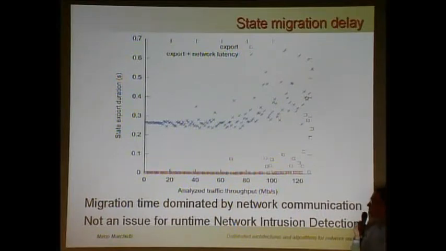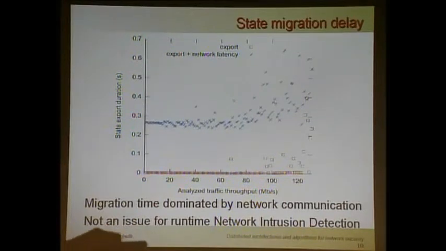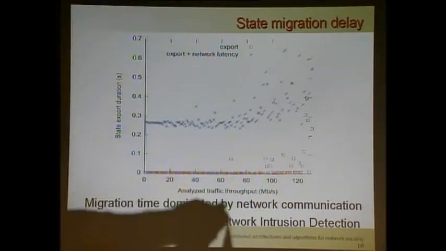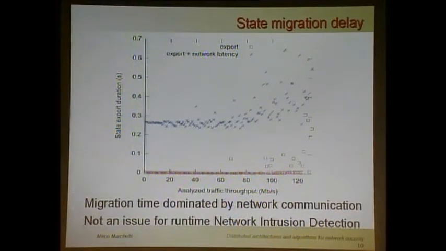It's basically 2 milliseconds in most of the cases. On the other hand, the blue crosses represent the time needed to perform a complete state migration. That doesn't involve only state extraction, but also the transmission of the extracted state information to another network intrusion detection system. As you can see, the time is dominated by network latencies. However, this is not an issue for a network intrusion detection system, because delays of less than 1 second are definitely tolerable.